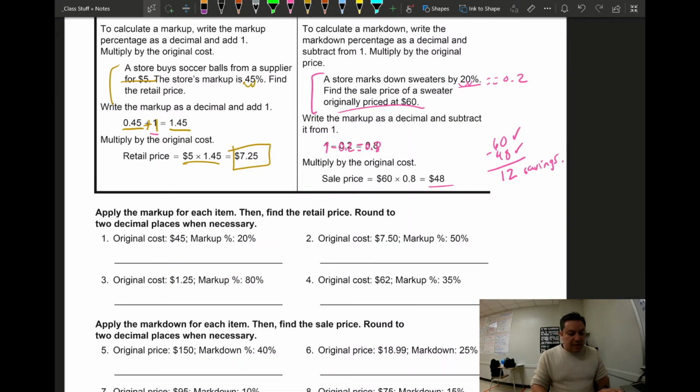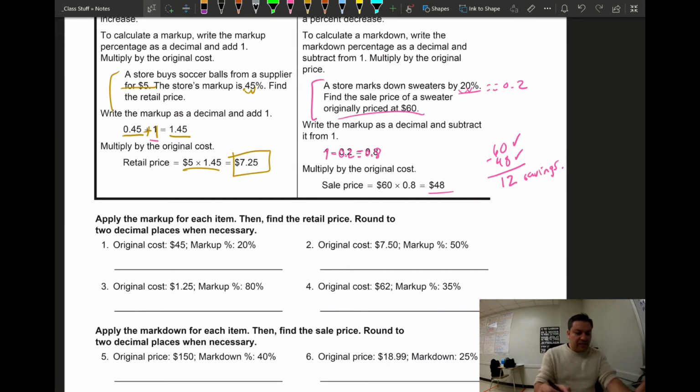And let's look at this right here. If I read this correctly, all of this right here are going to be markups. 1, 2, 3, and 4. So for markup, let me write the steps. Step 1, convert percent to decimal.